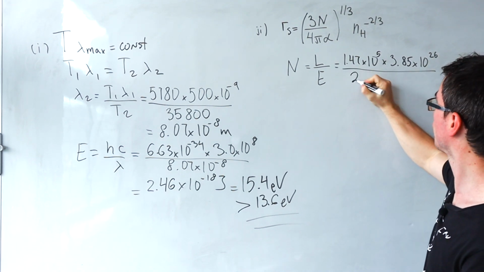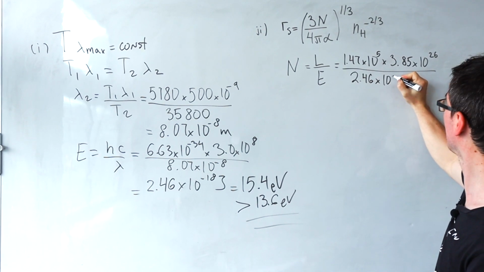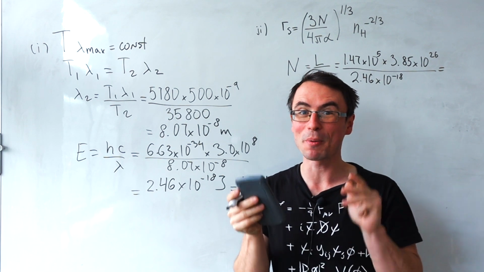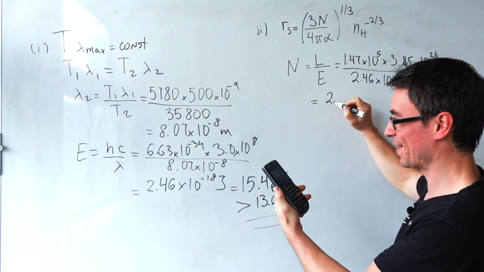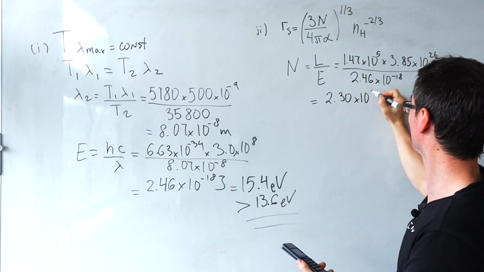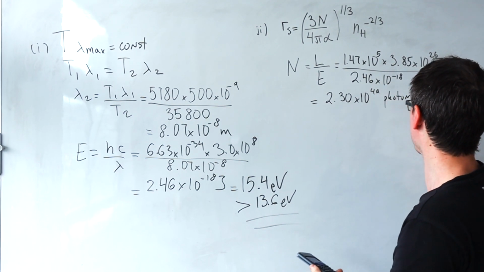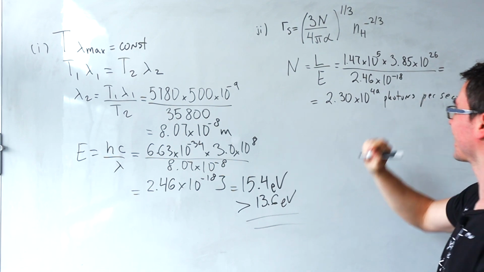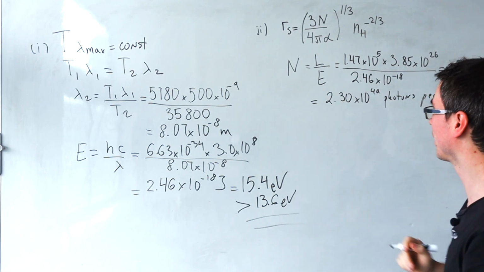Divide that by 2.46 times 10 to the power of minus 18. That's going to be a large number with a lot of photons. And this here will give me a gigantic number of 2.30 times 10 to the power of 49 photons per second. We can see why all of these ionizing photons can carve out a sphere in a nebula.